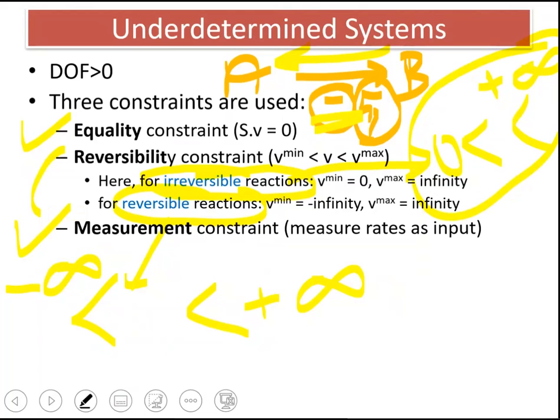For reversible reactions, the range will be between -infinity to +infinity. For irreversible reactions, the reaction rate can take only values between 0 and +infinity. These are the three constraints used to define the problem for underdetermined systems of metabolic networks.